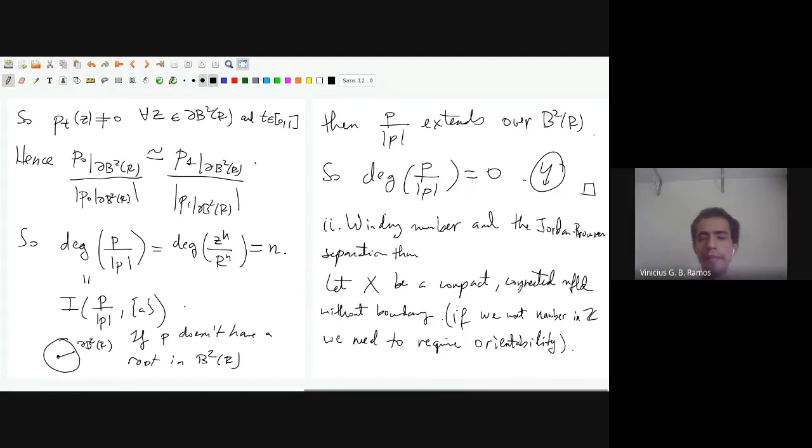If we don't require orientability, we can still get a winding number in Z mod 2. Okay. And let's say the dimension of X is n.